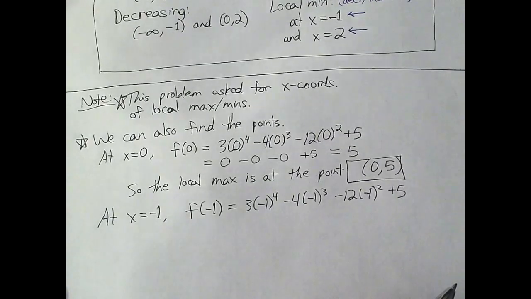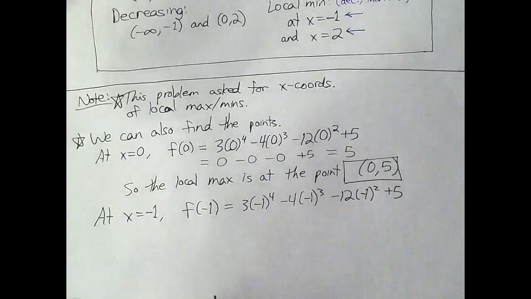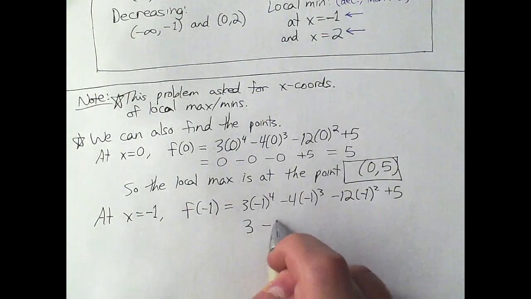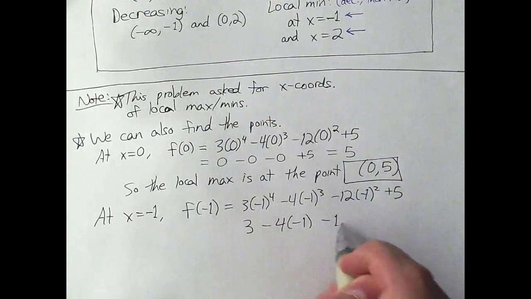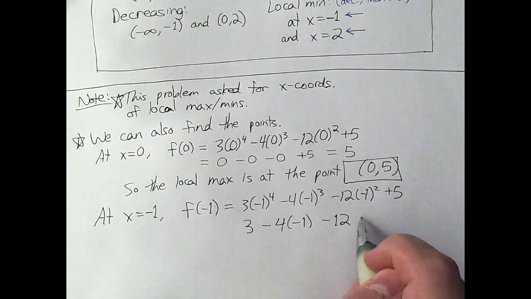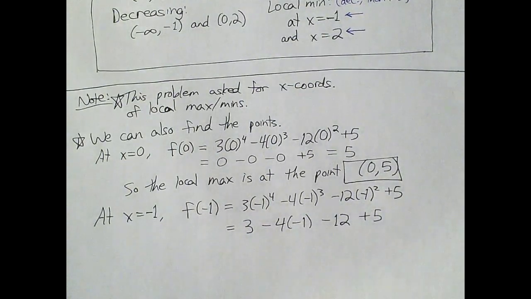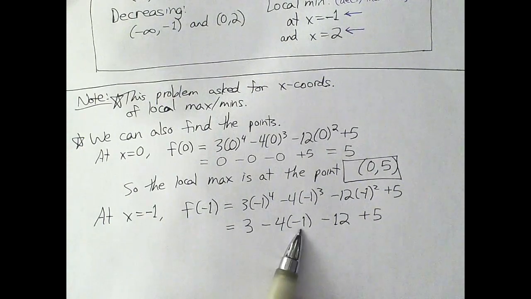All right, it's a little bit more work this time. -1 to the 4th is 1. -1 to the 3rd is -1. -1 squared is 1. So what do I have here? 3 plus 4 is 7.